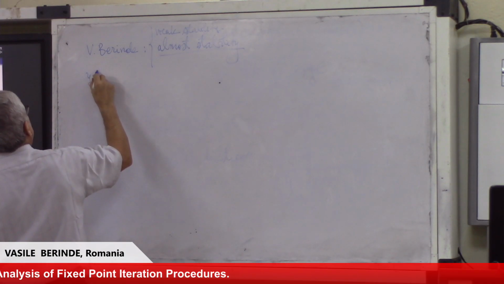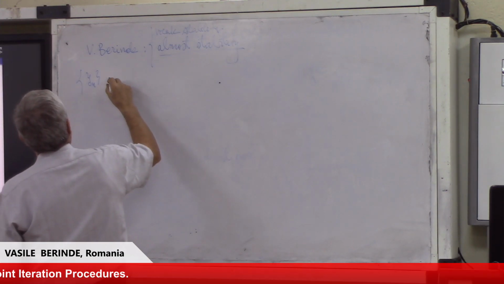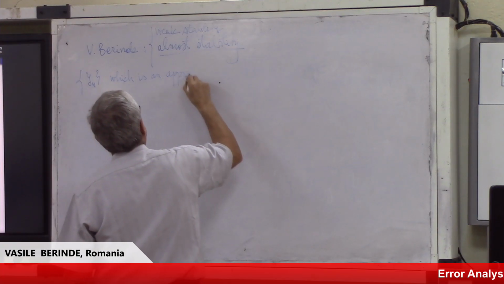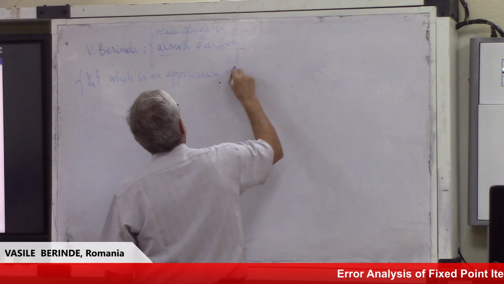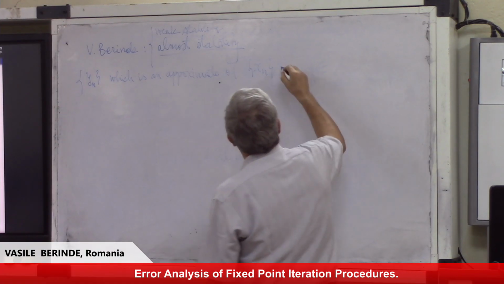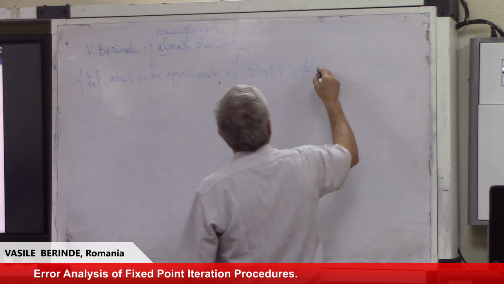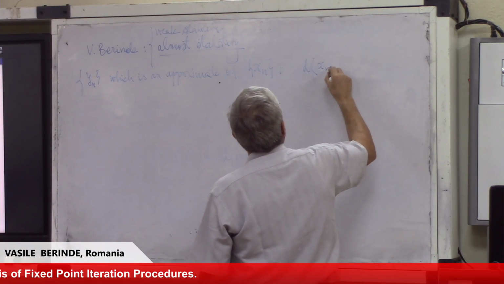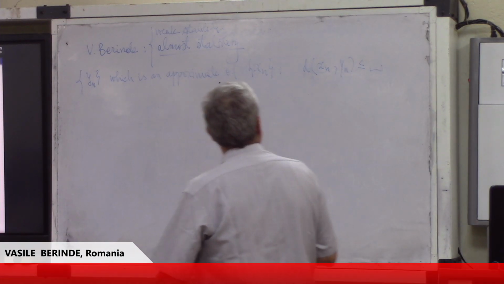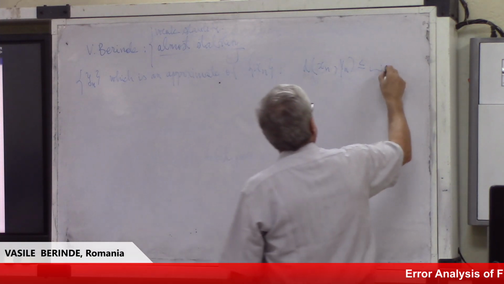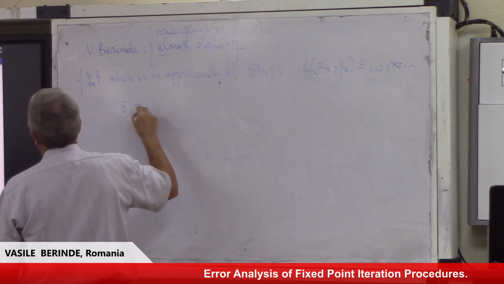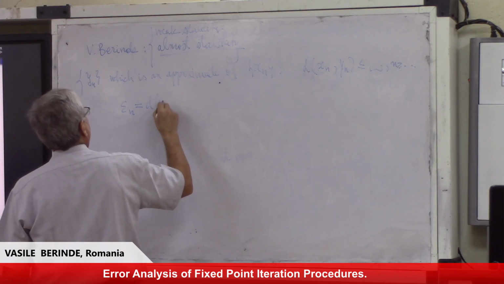We have a sequence which is not arbitrary, which is an approximate sequence, as I defined before, of the original iterative scheme xn, in the sense that the distance between xn and yn is less than some error at each step, and then we denote this epsilon n, exactly like here.